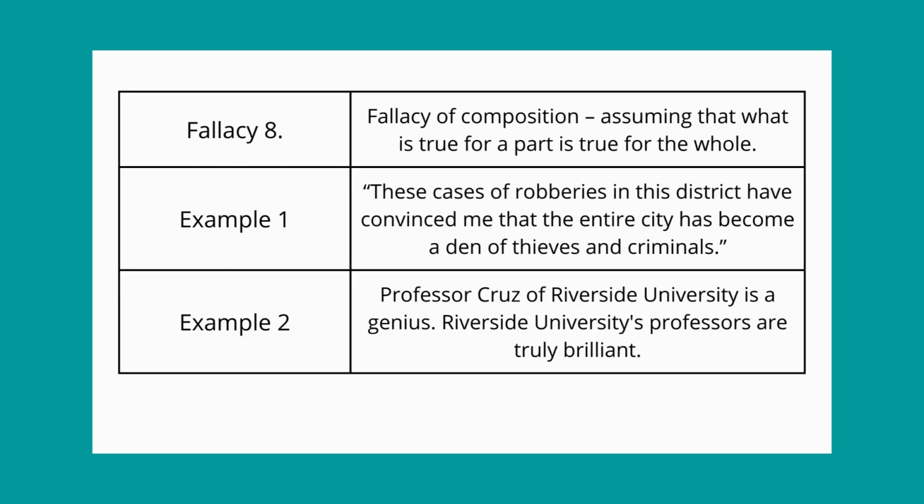Professor Cruz of Riverside University is a genius. Riverside University's professors are truly brilliant. Fallacy of composition is common among us. We usually apply to the whole what is true for its part, as in the two examples. That is fallacy of composition.